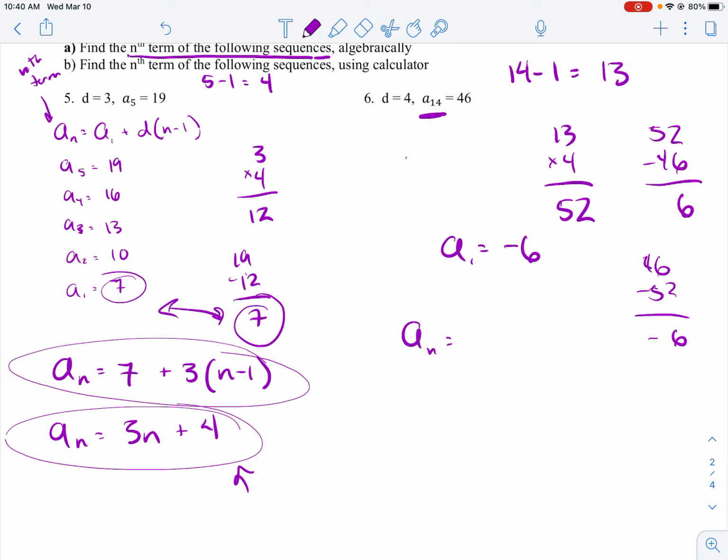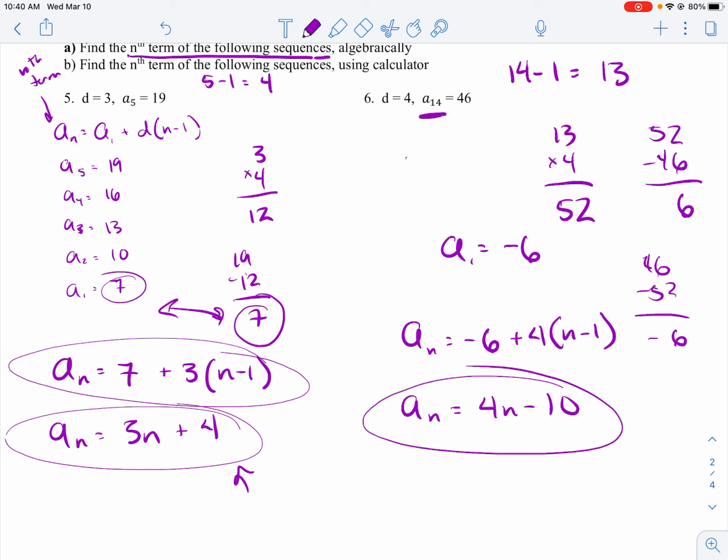So a sub n, the formula we're going to use, is negative 6 plus 4 times n minus 1, because that's what we're going up by each time. And then when you use the regression in your calculator, you're going to get 4n minus 10.